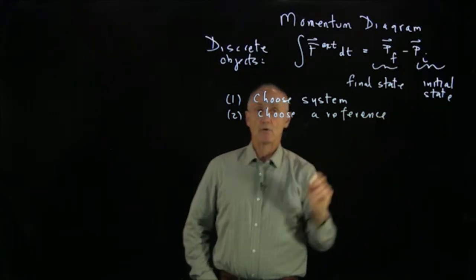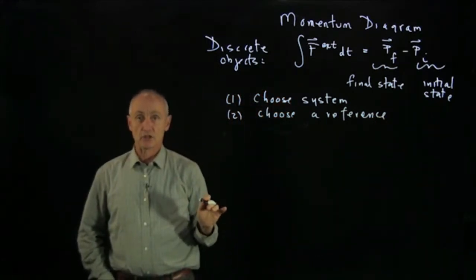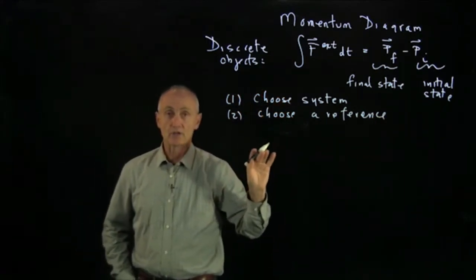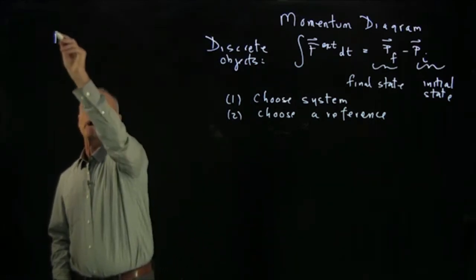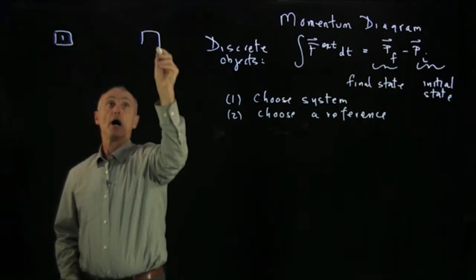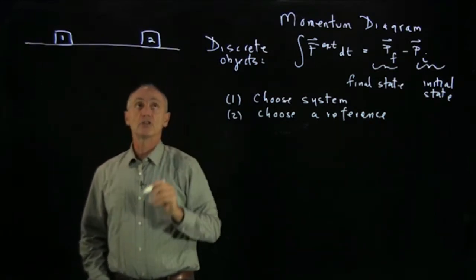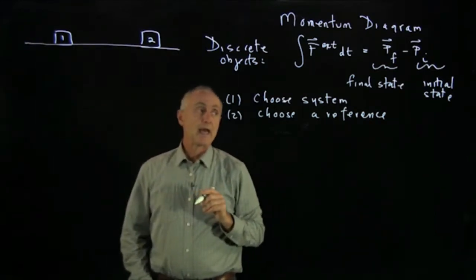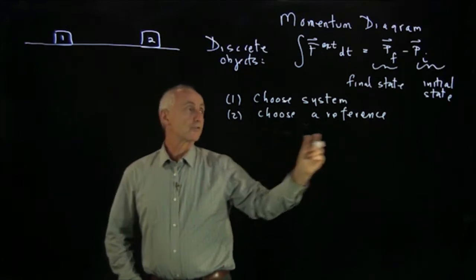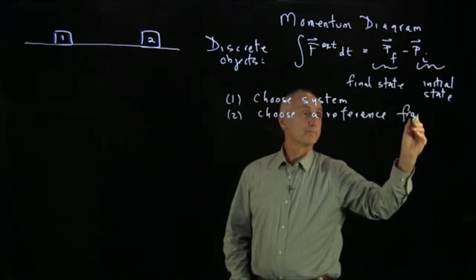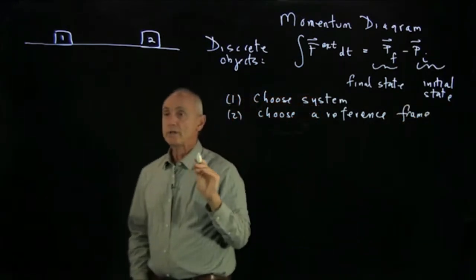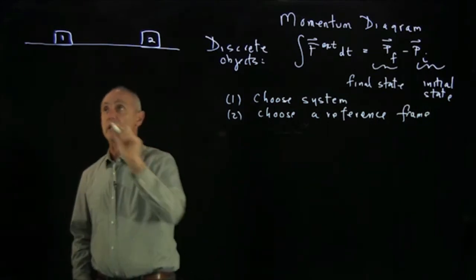Once we've done that, we can represent a collision with respect to this system. For instance, let's consider two objects as our system, object 1 and object 2. They're moving on a frictionless horizontal surface, and we're choosing as a reference frame the ground frame.